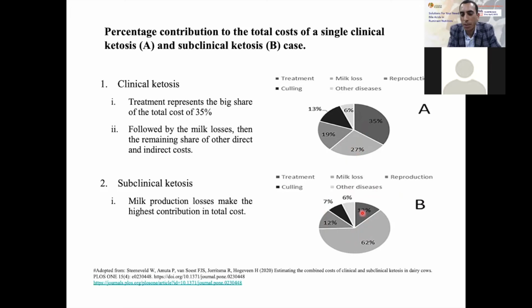And the cost of treatment is 13%, less than 50% of the cost of treatment in clinical ketosis.